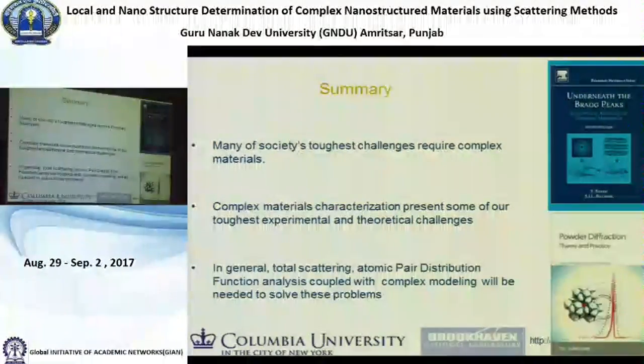If you're serious about PDF, you're going to want to try and get at your institution a Moly K alpha tube source.